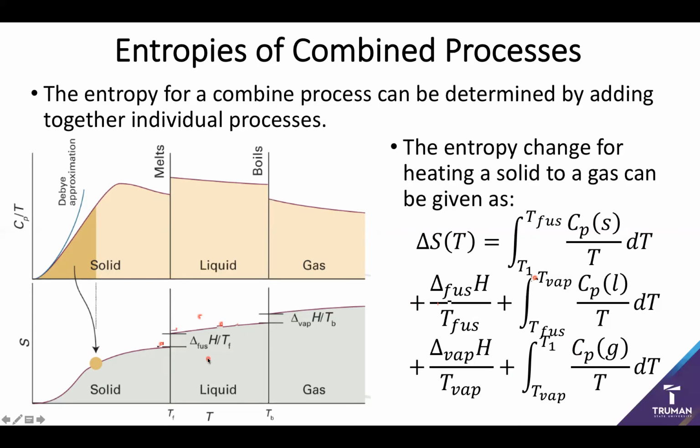And again, this does end up showing us several major features, most of which aren't too surprising. As I heat a system, so as I put more heat into the system, it's going to become much more disorganized due to that extra thermal motion, and there's going to be a lot more available states. And as such, we tend to see a constant entropy increase as we go to higher temperatures, whether it's through phase changes or just through heating.